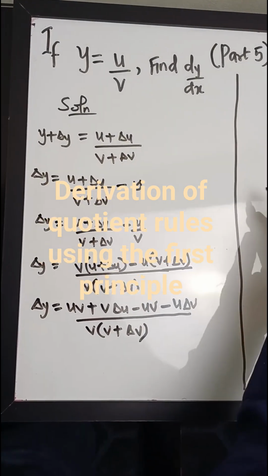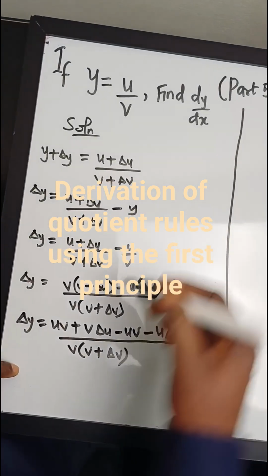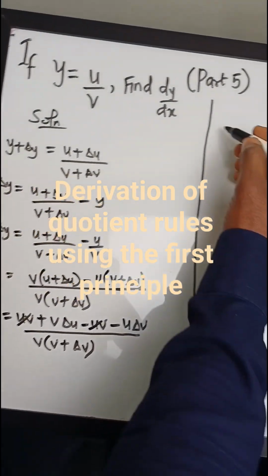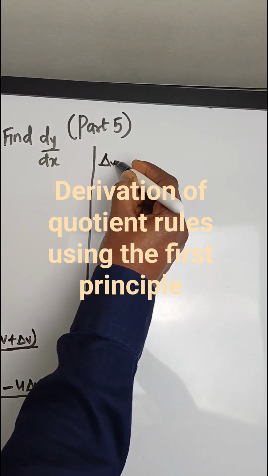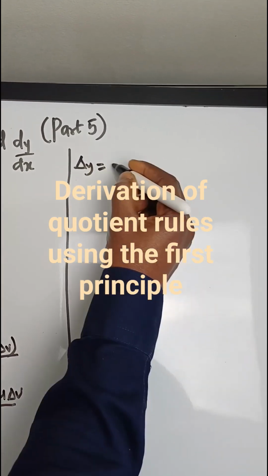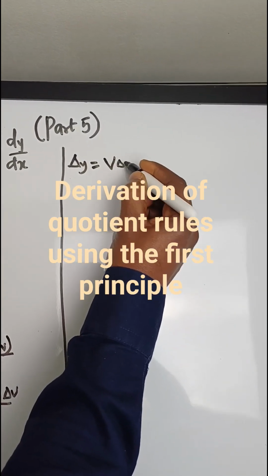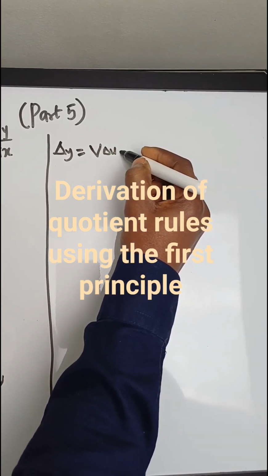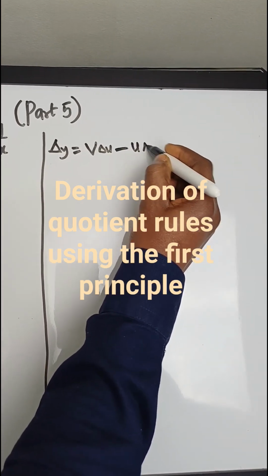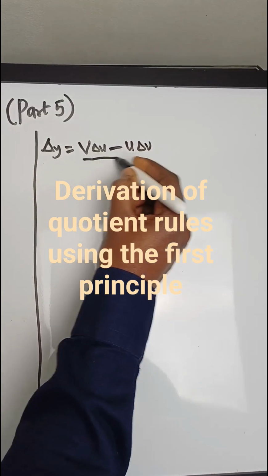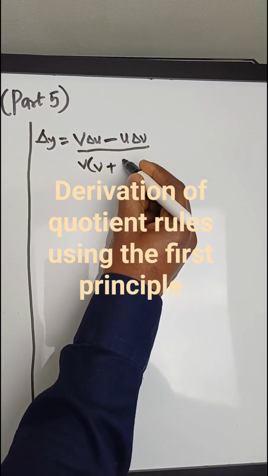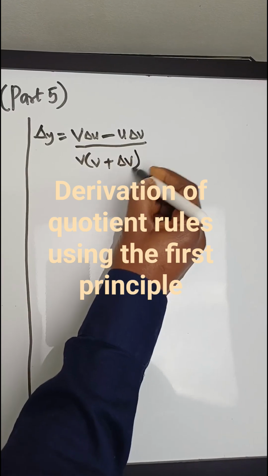So the next thing is to get rid of the uv terms. Then the change in y will now be equal to v du minus u dv, everything over v into v plus change in v.